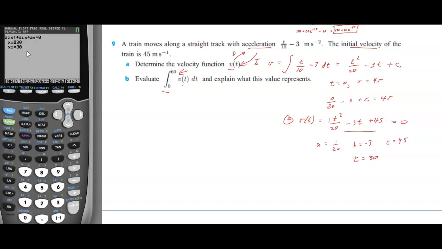Okay, now look, it says evaluate 0 to 60. 0 to 60 has 30 right in the middle of it, so there might be a direction change. Let's do a sign diagram real quick for velocity. At t equals 30, it's 0. To the right of 30, it's going to be positive, and to the left of 30, it's also going to be positive, because there are 2 roots and they're both 30.